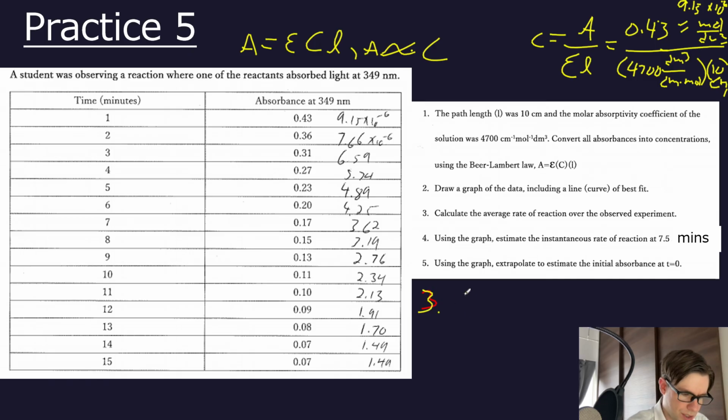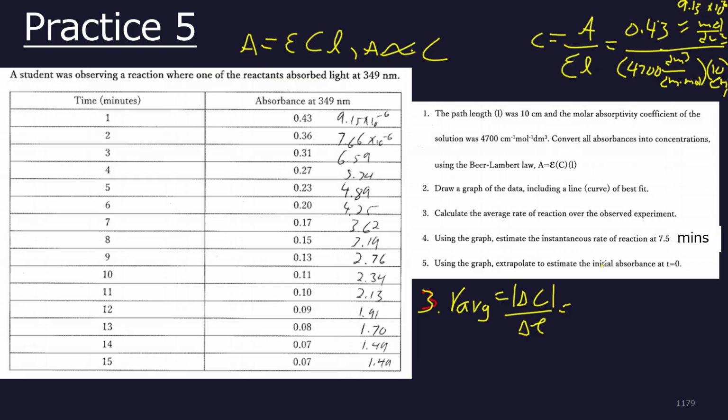So the average rate with respect to some starting material is equal to the absolute value of delta C over delta t. So we can take the difference between when the reaction stops and when it started.